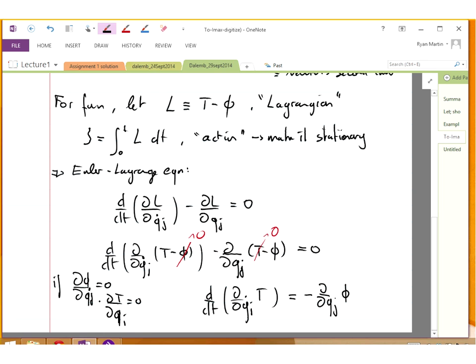So for that special case, although most cases fall into it, we see that requiring that the action be stationary gives the equations of motion.